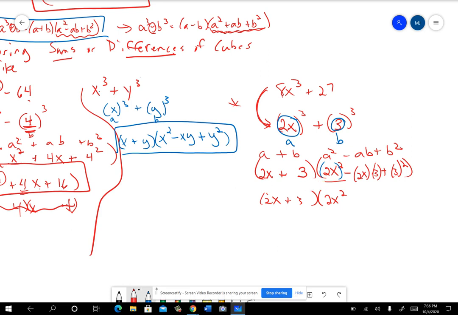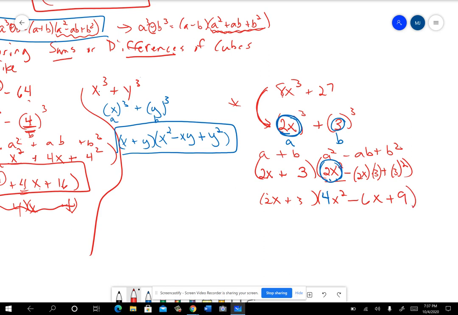So it's really important that we work on that. This would need to be a 4. If you really want to understand it, you got to understand why that needs to be a 4. It's because A is the whole quantity 2x. And when 2x gets squared, you wind up with 4x squared. Then this would be minus 6x, and then 3 times 3 would be 9.